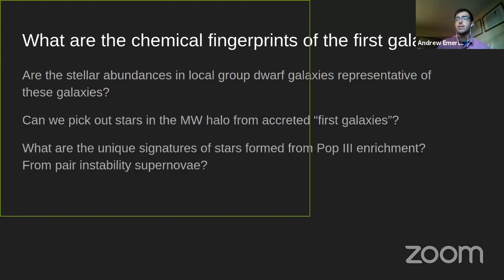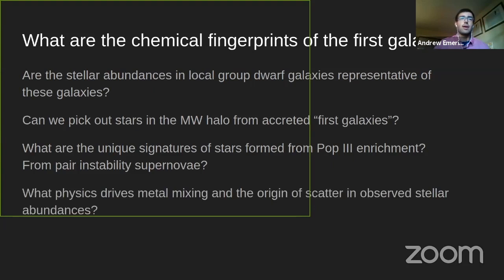Related to that, what are the unique signatures of stars formed directly from, or most purely from, Pop 3 star enrichment, from both core collapse supernovae from Population 3 stars and pair-instability supernovae from these stars? And in general, what physics really drives the mixing and evolution of metals in gas in the ISM, CGM, and IGM at high redshifts, and how does that play into driving the scatter in observed stellar abundances?